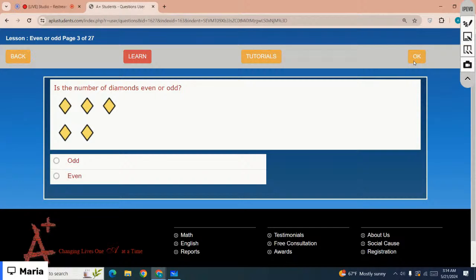Is the number of diamonds even or odd? There are 5 diamonds and 5 is an odd number. The correct option is odd. Very good.